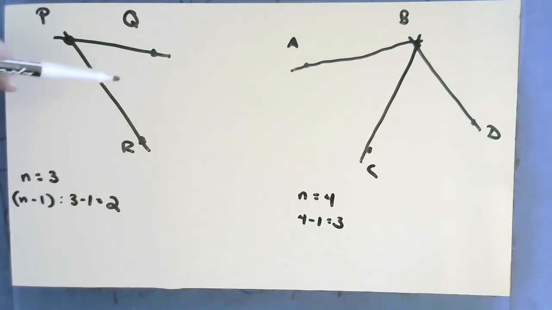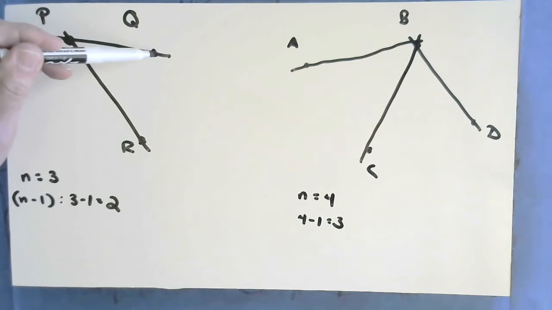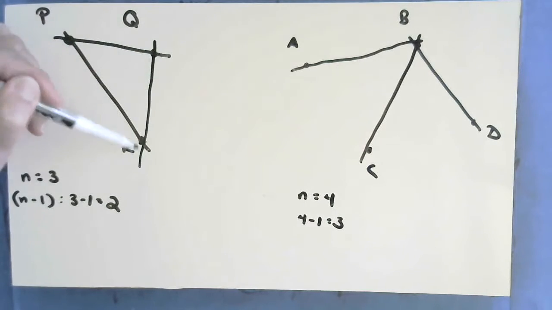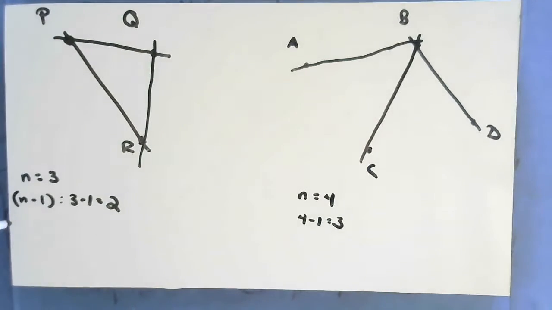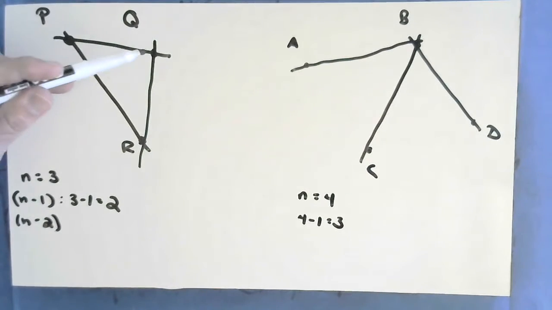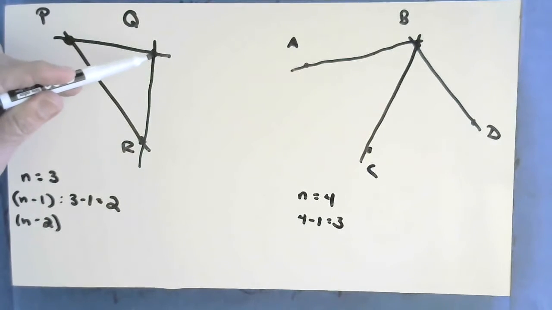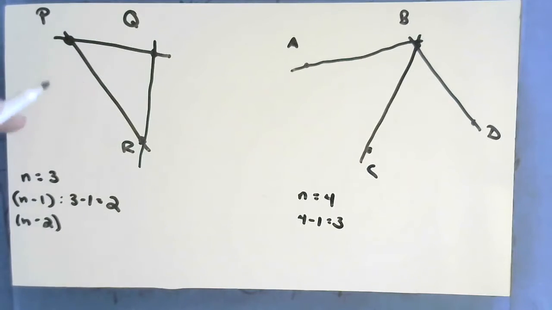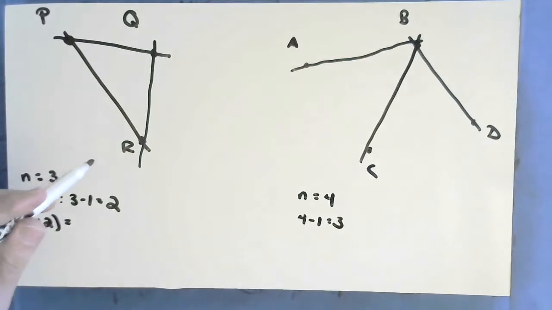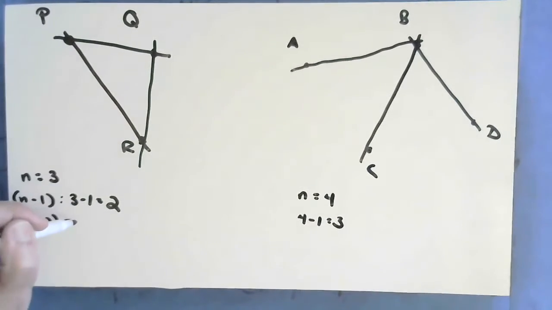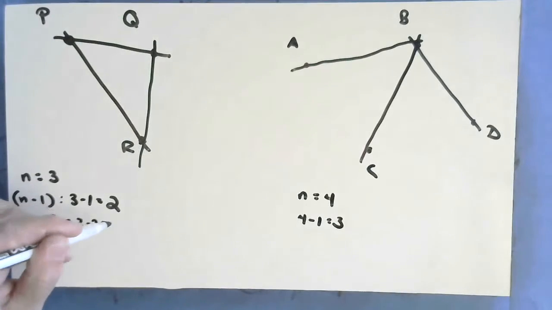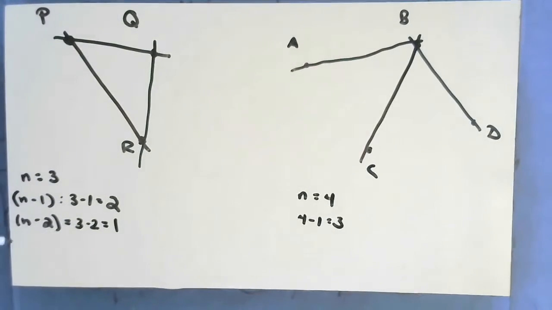Now, out of the remaining ones, we're going to use another point, and we connect it to all the others. So however many points there were, we subtract 2 from that total, 1 for the one that was already used, and 1 that we're going to be using to connect to all the other points. And this created more lines. In this case, 3 minus 2 equals 1, one more line.